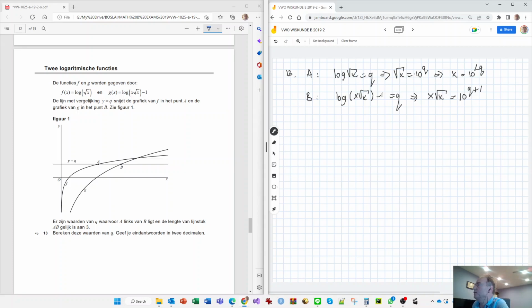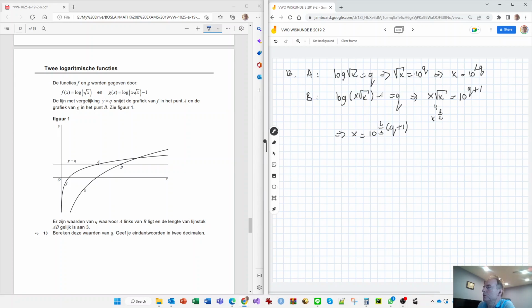And if I realize that this is x to the power 3 over 2, I can isolate x if I take both to the power 2 over 3. So I get x equals 10 to the power 2/3 times q plus 1.